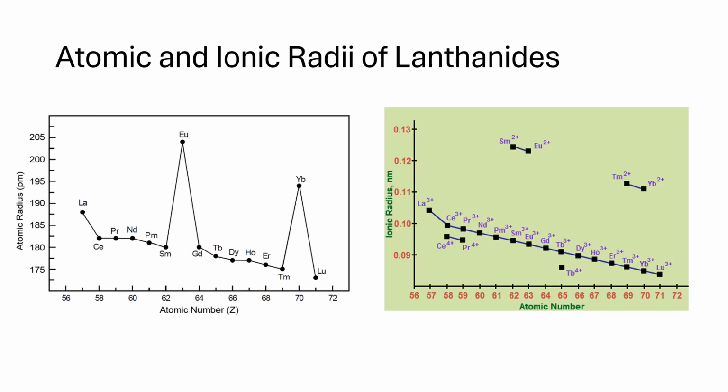So here we have two plots, one of atomic radius in picometers versus the atomic number, and here's the ionic radius of the 3+, 2+, and 4+ is not too popular, but we'll talk about that in another bit of material. And we can see here that we start off with lanthanum, we go down, and there is a decrease in size.